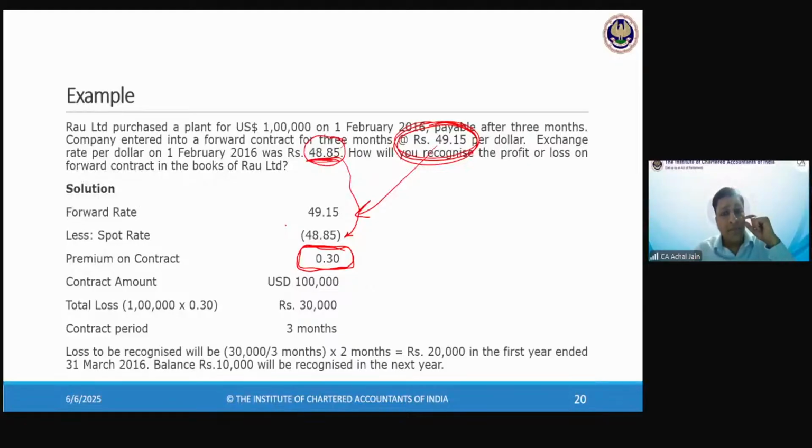So this is 0.30 per dollar. How many dollars have been agreed with the bank? 1 lakh. So what is going to be the total amount? 1 lakh into 0.30. So that means 30,000 is the amount which has been paid to the bank.